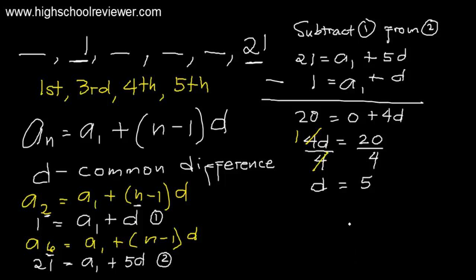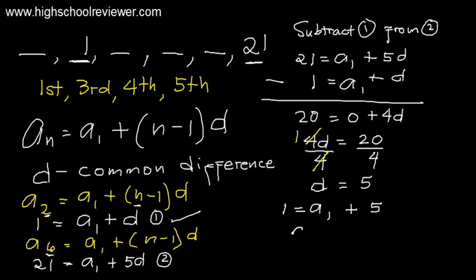Okay, so let us now find the value of a sub 1. Let us use again the equation for a sub 2. As you can see here, we will have 1. Okay, we will use this. 1 is equal to a sub 1 plus d. So our d is 5.